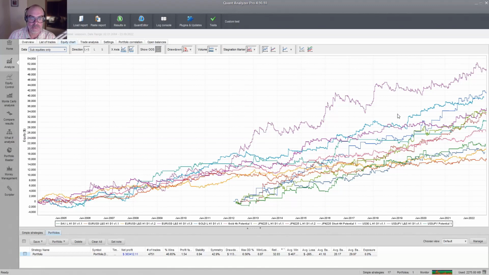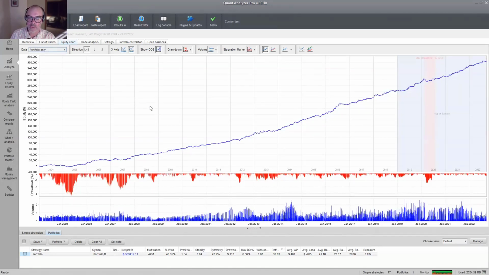None of them by themselves are particularly spectacular, but because they're low correlated, when one goes up, that makes up for another period where others might be going down. And so when we combine all of those together into a portfolio where they all balance each other out, we see that we end up with a nice consistent curve over the course of time.